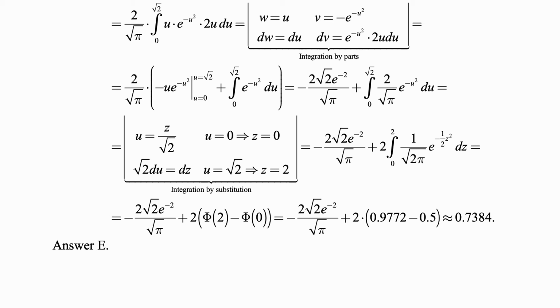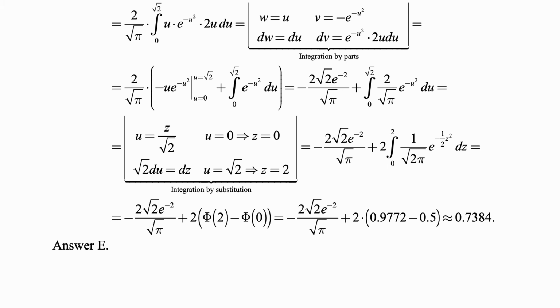Now we let u equal to z over square root of 2, I'm sorry. Then when u is 0, z is 0, and when u is square root of 2, z is 2. And then du would be dz over square root of 2, so that square root of 2 times du is dz.